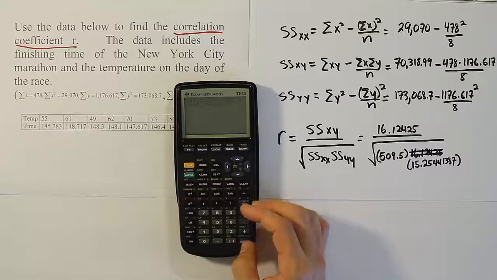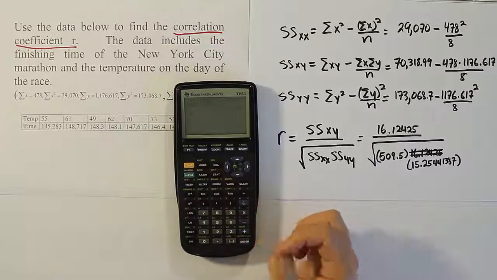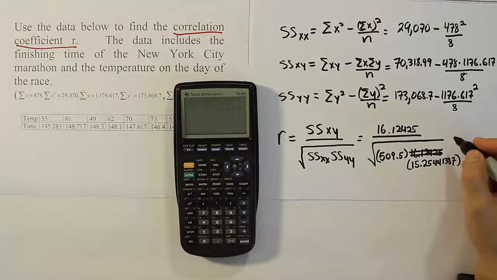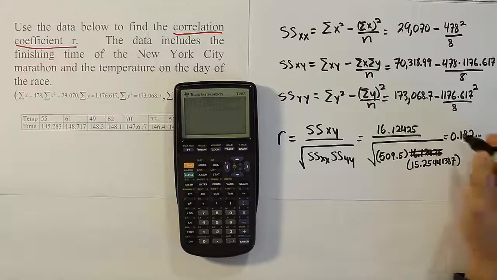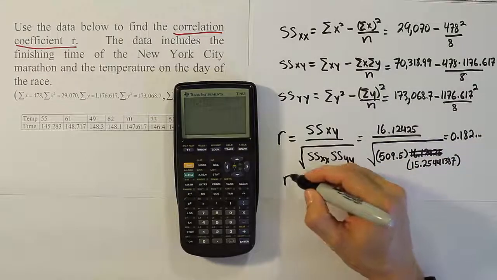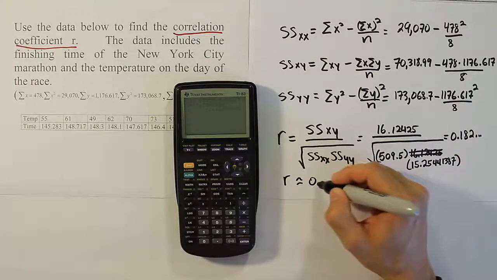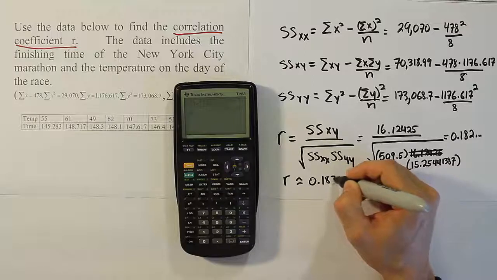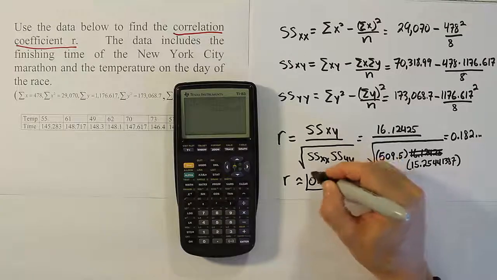Okay, all that's in there. Close up your square root, hit enter, and we come up with the answer 0.182, and if we round off, R is approximately equal to 0.183 when we look at our answer there in our calculator.